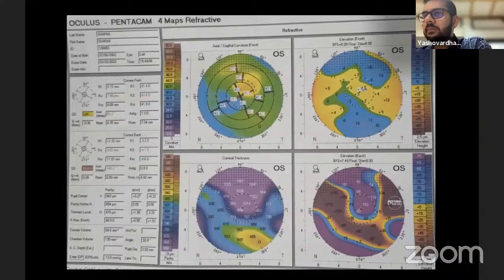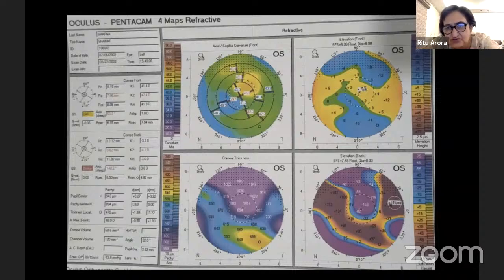No, the best fit sphere is not something you infer as exceeding. This is the radius of curvature. The best fit sphere is 8.09 millimeter. It's got nothing to do with the diameter.